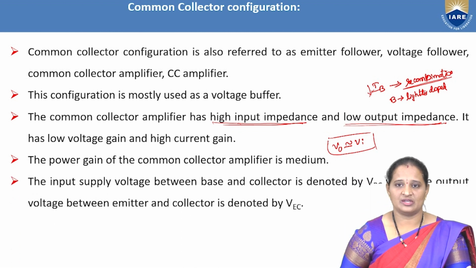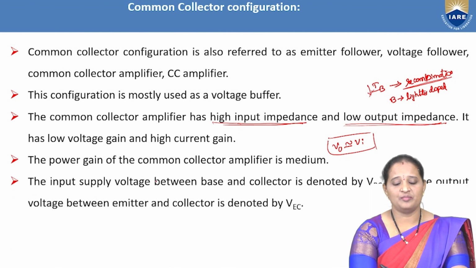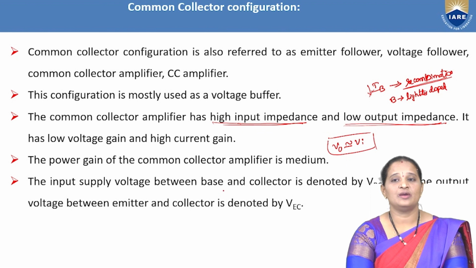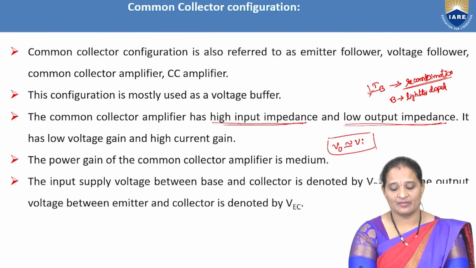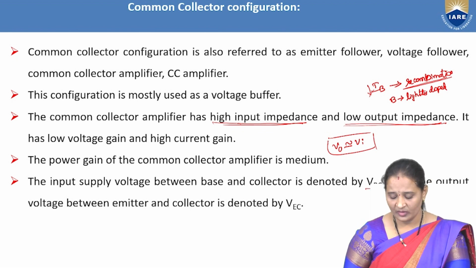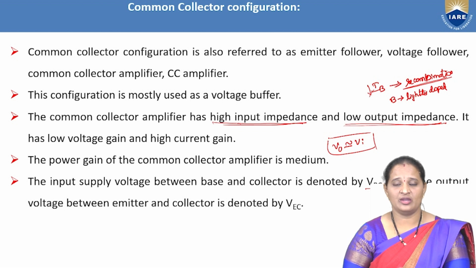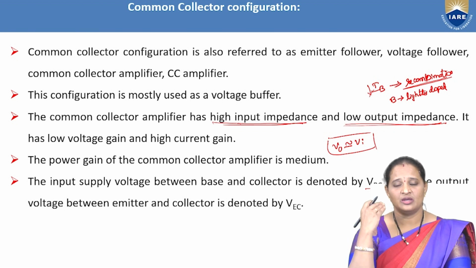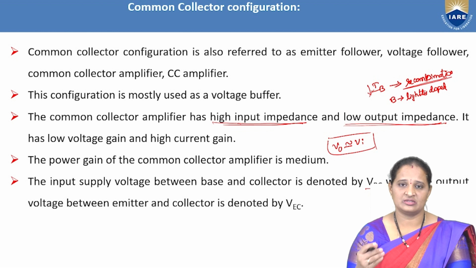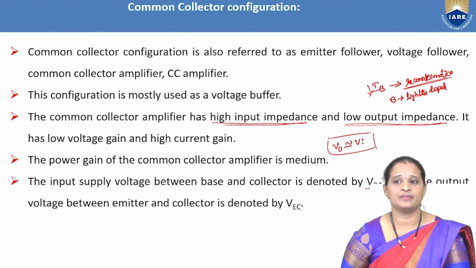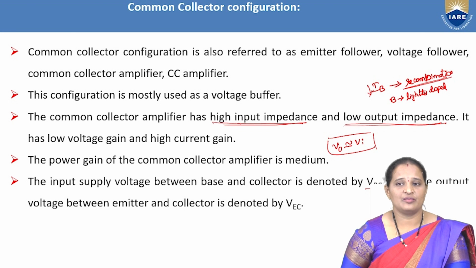And the input supply voltage between the base and collector is denoted by VBC. So what we are doing, we are applying the voltage between the base and collector terminals, which is represented with VBC, while the output voltage between the emitter and collector is represented with VEC.